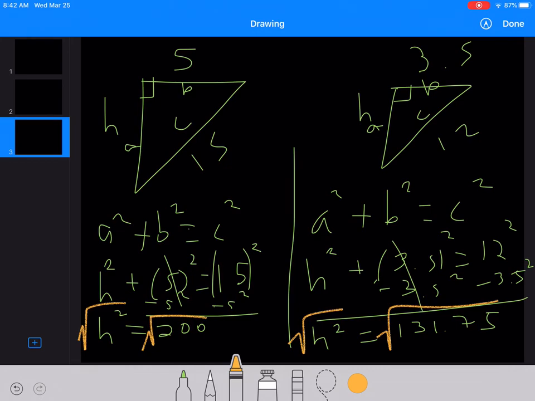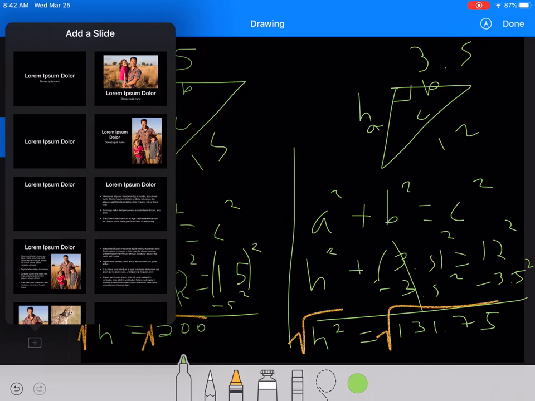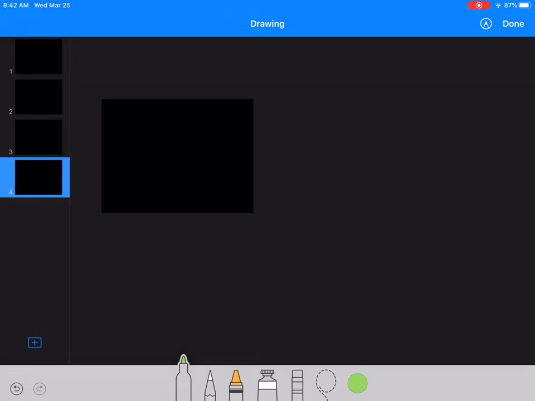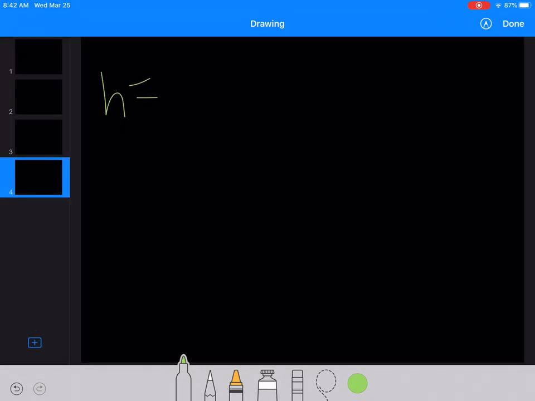So let's rewrite this on another slide here. Take the square root of 200. Before we do that, actually, remember that the square root and a square cancel each other, and that's why we're doing it, because they're inverse operations. So on the left side, we'll get h is going to be approximately 14.1.